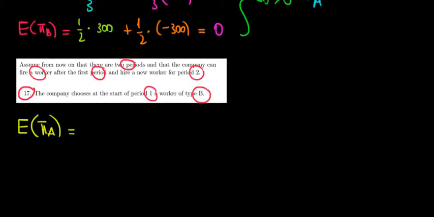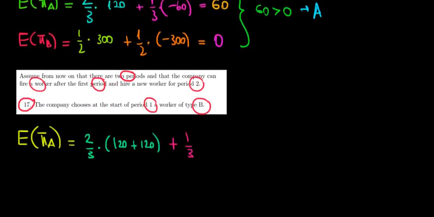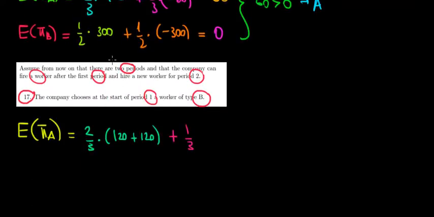We would have a probability of 2/3 that we get 120 in the first period plus 120 in the second period. Now, with the remaining probability, 1/3, we would have a loss of 60 euros. But if the worker produces a loss, then we would fire him, because we can fire a worker after the first period.